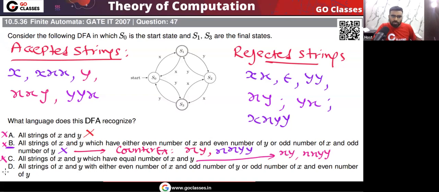What about option D? So automatically option D will be correct. You can easily see option D is actually correct because this is saying either even X, odd Y or odd X, even Y. You can see here odd X, even Y, here even X, odd Y. So option D is correct.